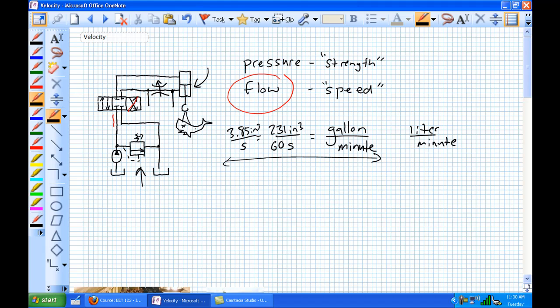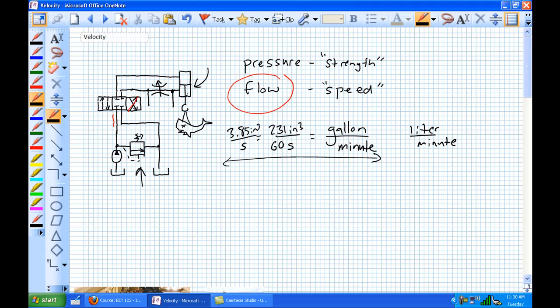If there was no flow control valve with a check valve bypass here, and we put ourselves in the straight through condition where the rod end of the cylinder is now dumping to the tank at an incredibly low pressure, there's no pressure holding that. There's no back pressure there. There's no back pressure holding that object up, and the whale will just slam to the deck.